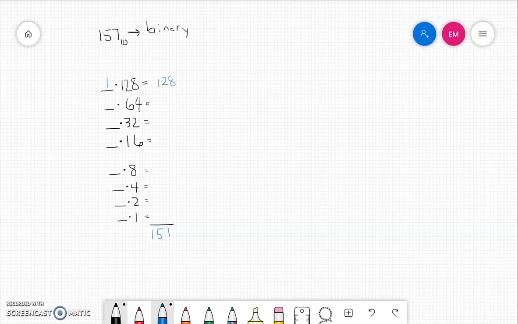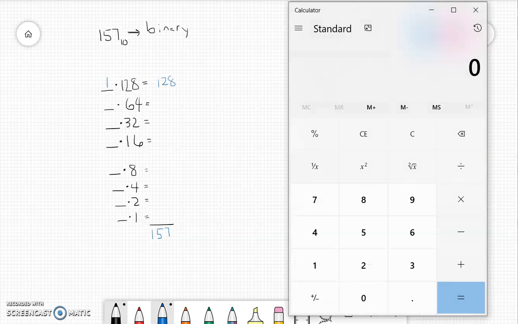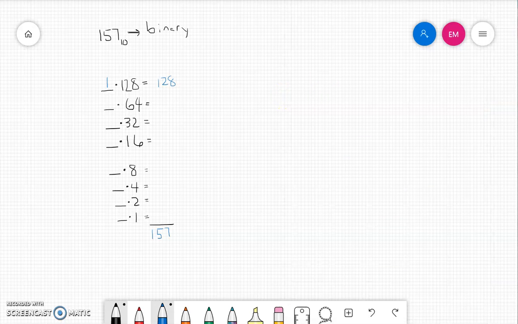Let's take a look here. If I had 128 plus 64, that gives me 192. So if I had a 1 in the 64s place value, that would already exceed the 157. So I know that I'm going to have a 0 here.